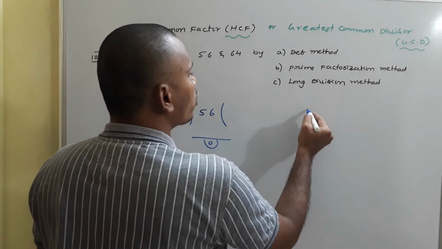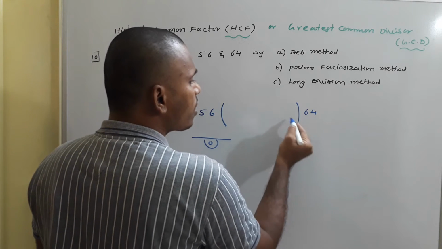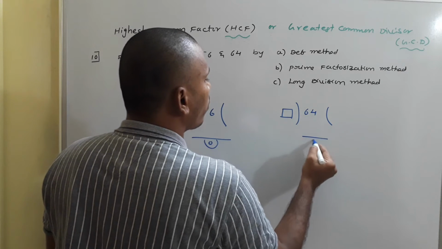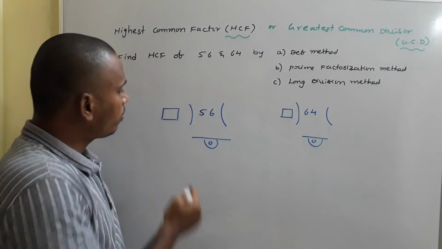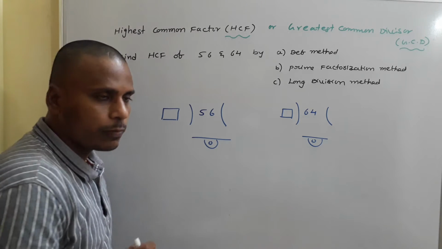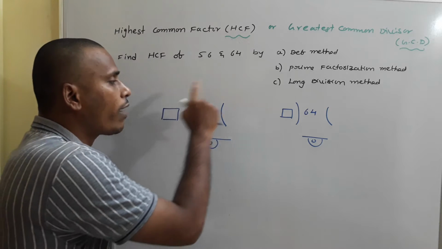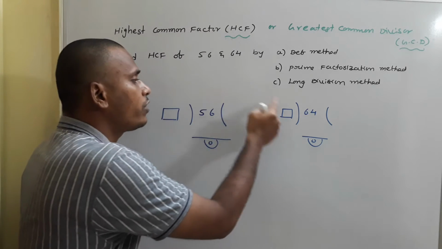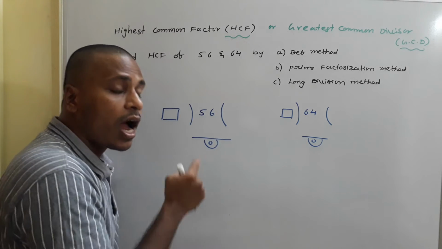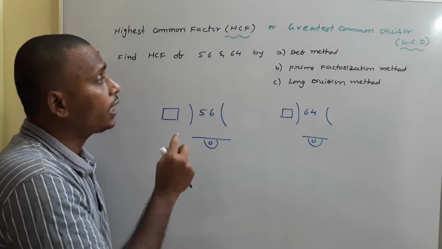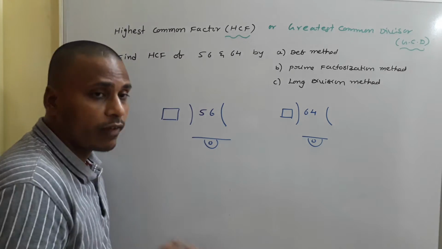In the same way, if you wish to find the factors of 64, we need to fill this blank with all possible numbers. Different numbers are possible to fill each blank, and we need to find the common numbers which fill both blanks, and among those common numbers we need to find the largest one, and that largest number is the highest common factor.